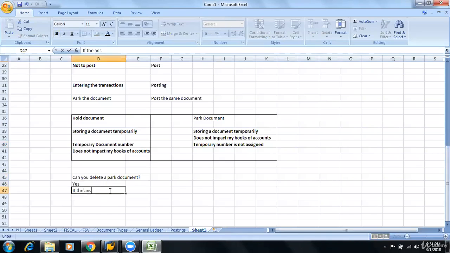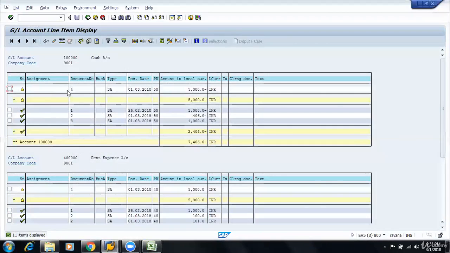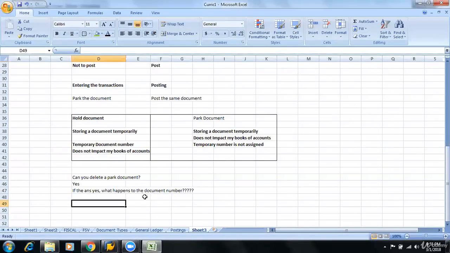If the answer is yes, then what happens to the document number? In our case, the document number for the park document is number 4. If this is deleted, then what happens?